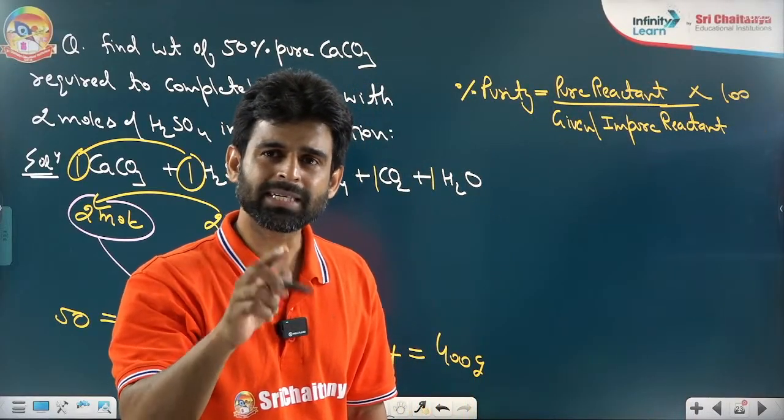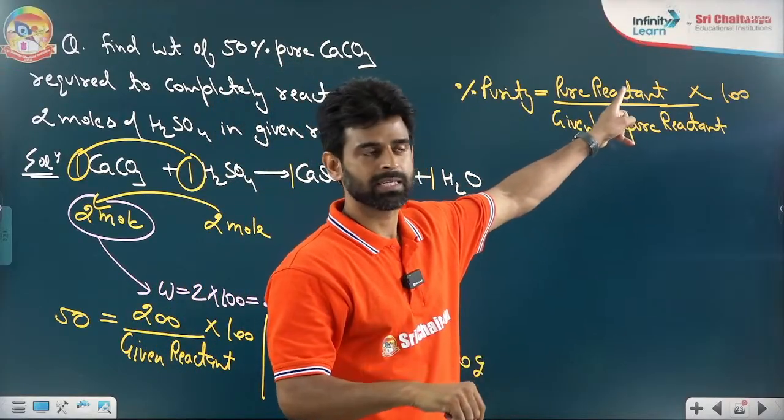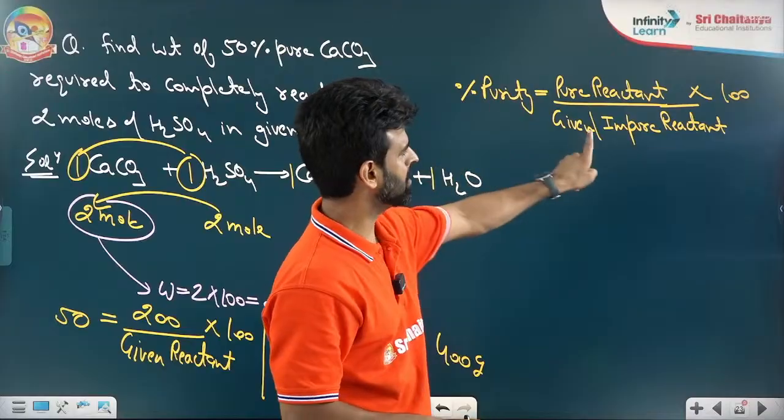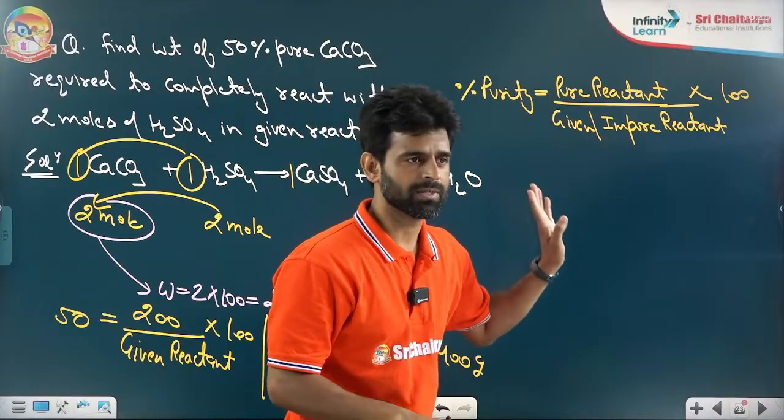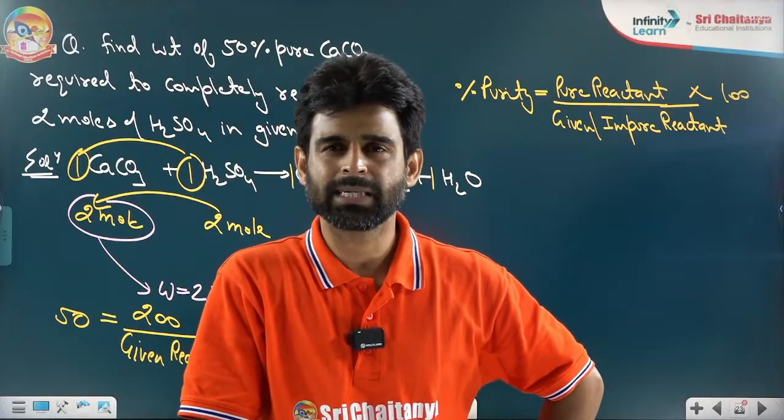Now the question: the reaction tells me I need 200. It is 50%, you have to find this one. It will come 400, okay? Fine, beta, good. This is your topic of percentage purity.